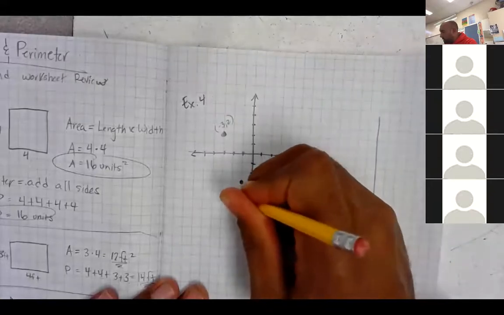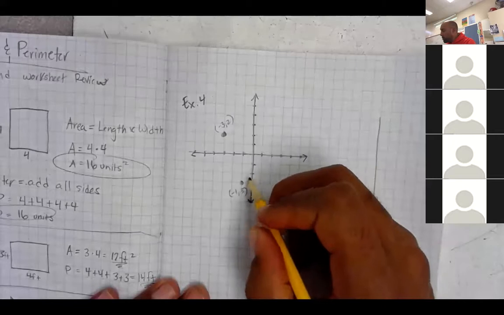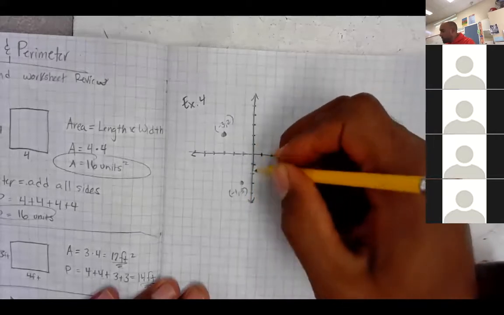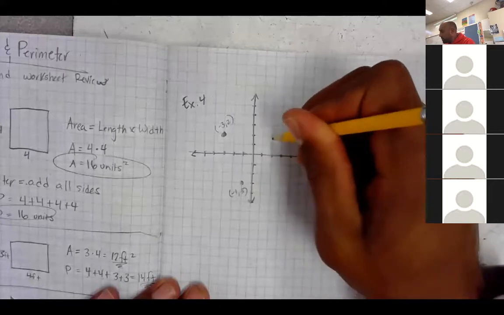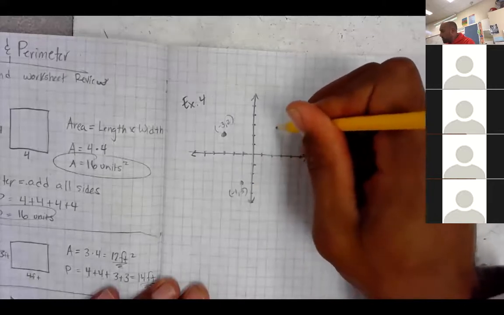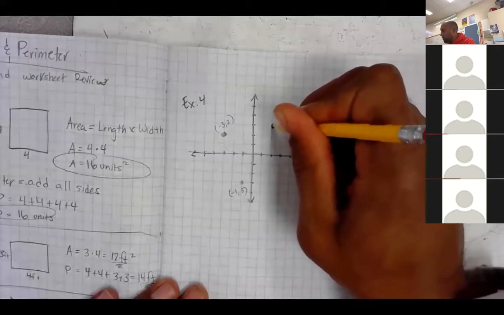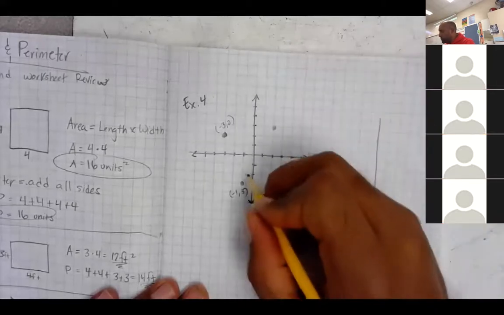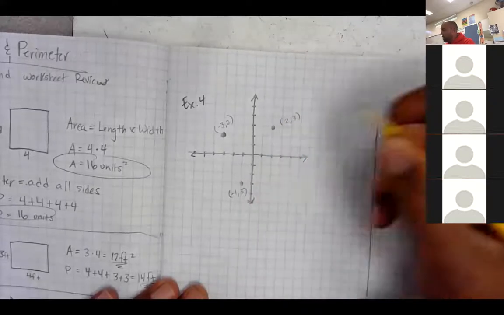And then that is -1, 3. And I think my next point that I'm going to draw is, let's say, where am I going to go with this one? We'll go here. So that next point is 2, 3.